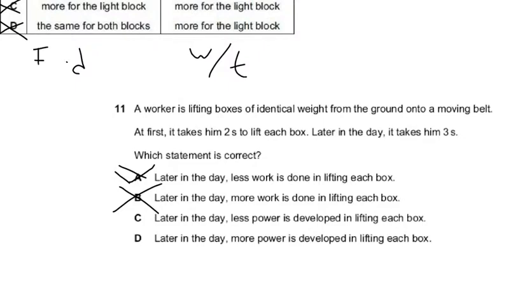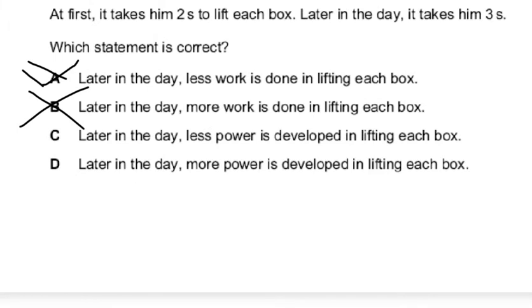All right, so letter C. Later in the day, less power is developed in lifting each box, or more power is developed in lifting each box. Okay, remember, power is work over time. Work is the same in both cases, but later in the day it takes him longer. So if you have a bigger number in the denominator of a fraction, right?